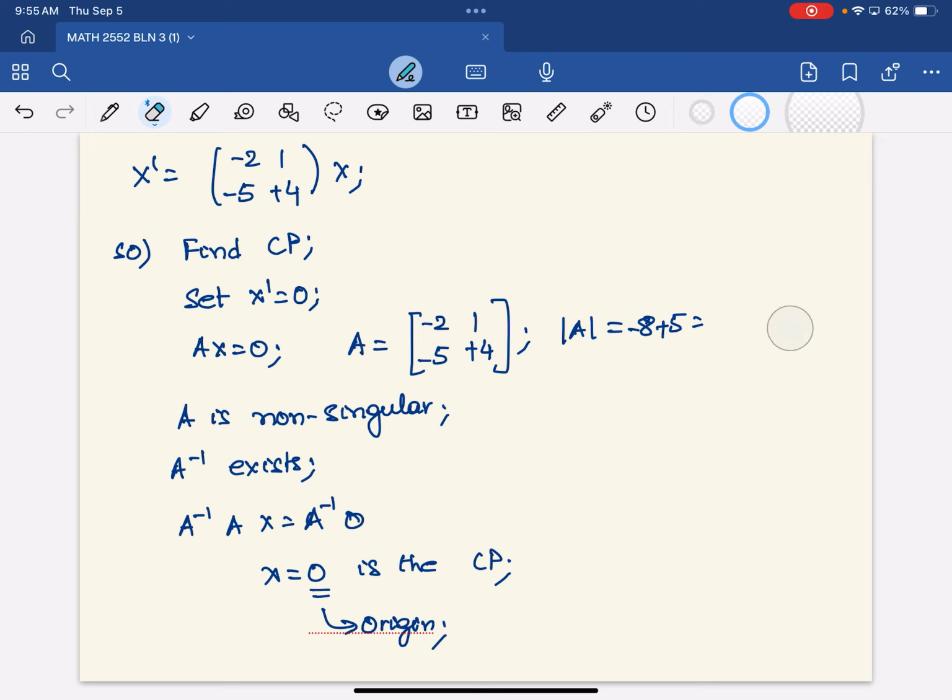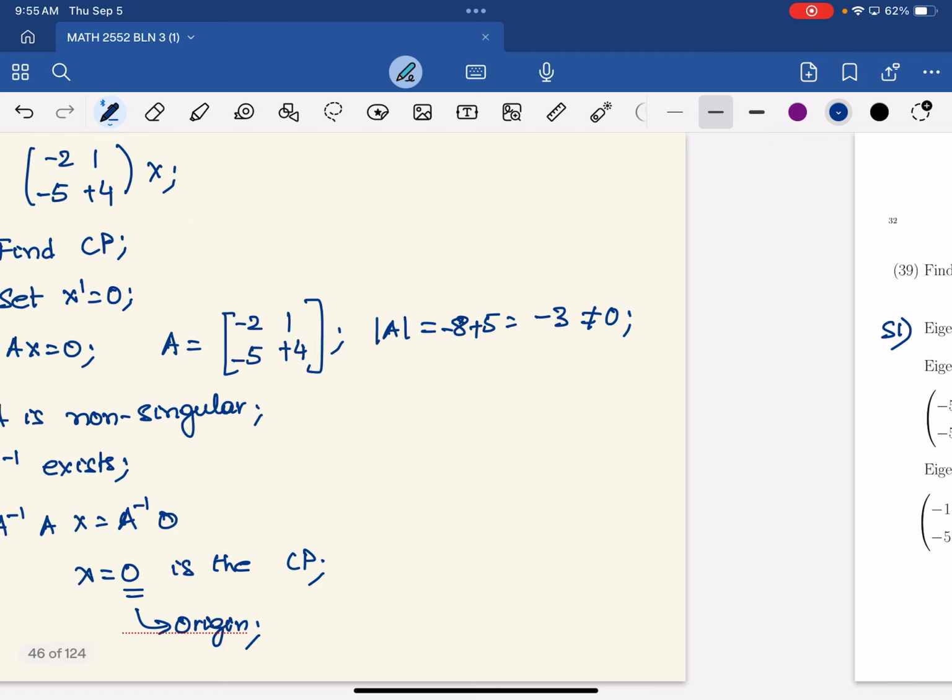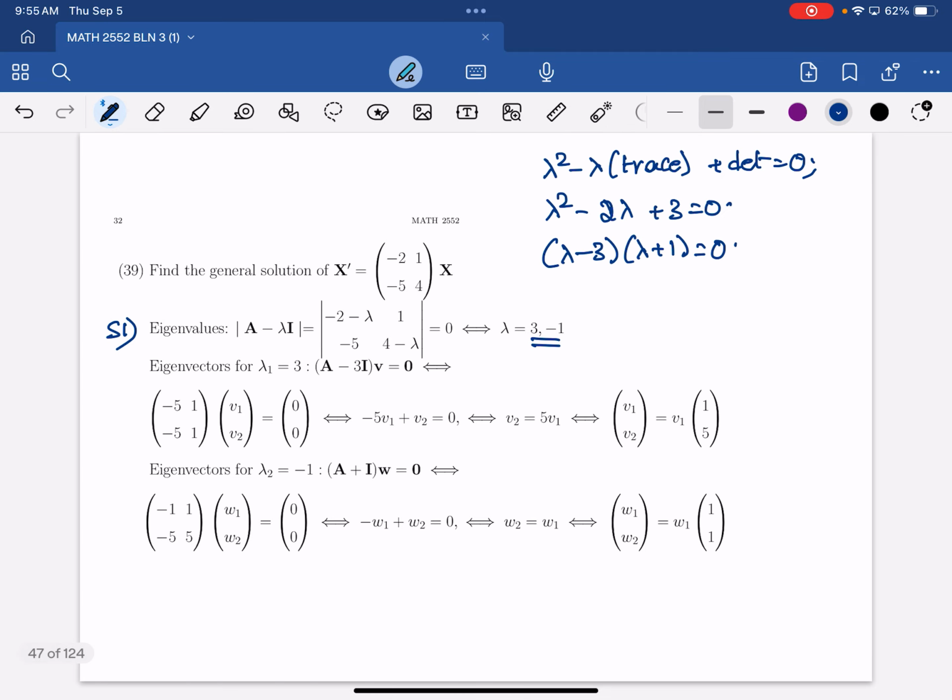Nothing really changes after that, but still, I got negative 3. So this gives me lambda minus 3 times lambda plus 1 equals 0. This tells me that my eigenvalues are 3 and negative 1. Are we good?